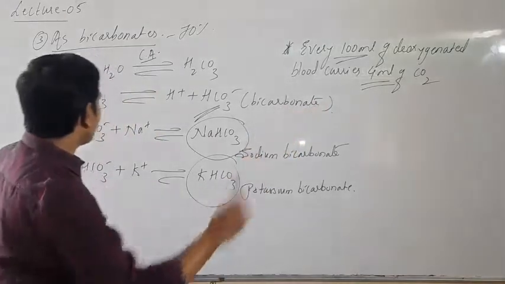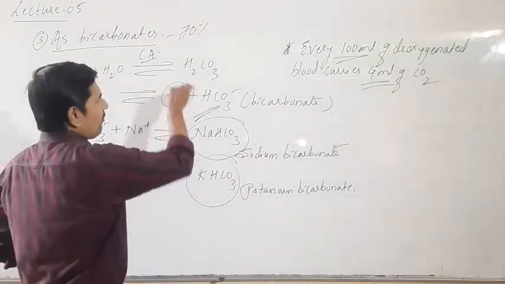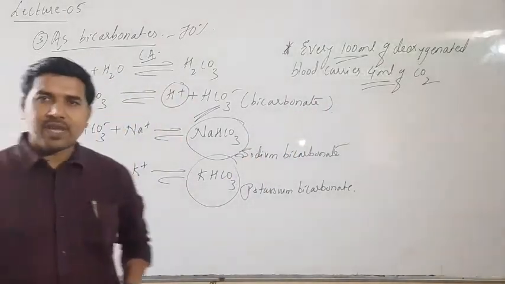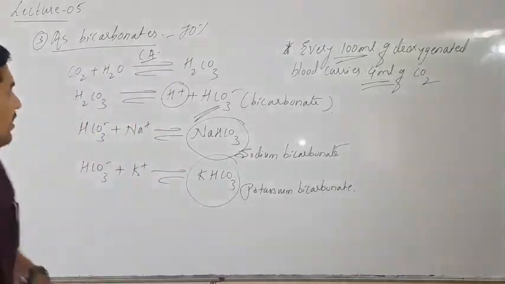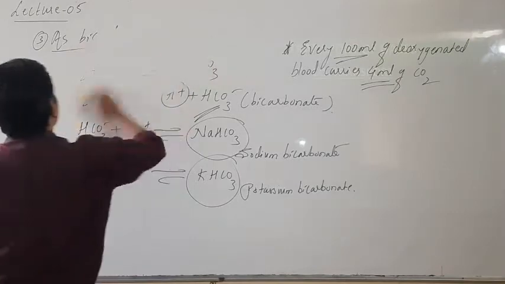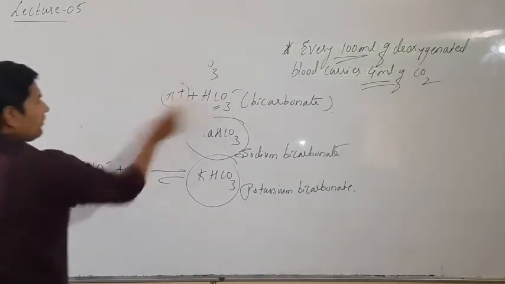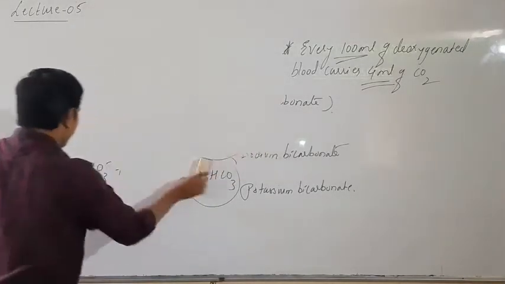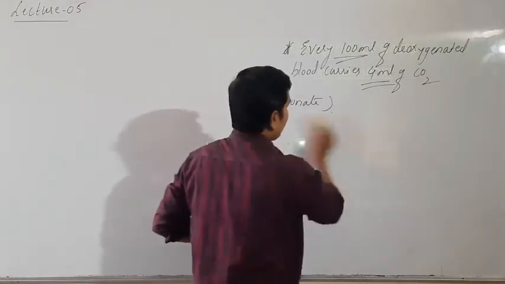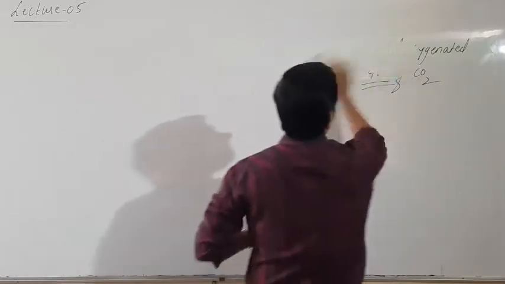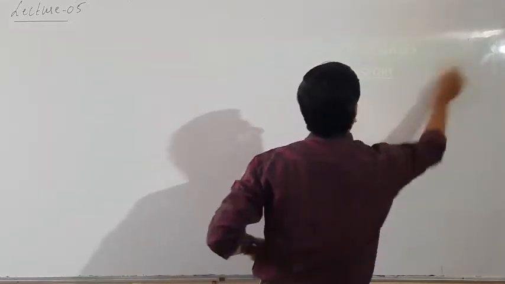Okay, now the question comes, what is the fate of H plus ions as H plus ions are produced? Okay, so let's see. Now almost in the tissues, when carbon dioxide is released, this carbon dioxide combines with the water.